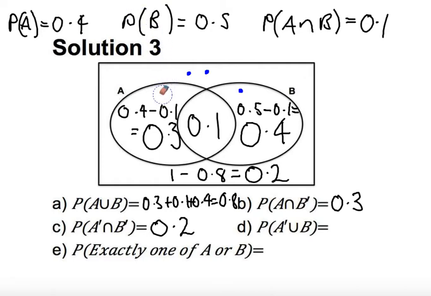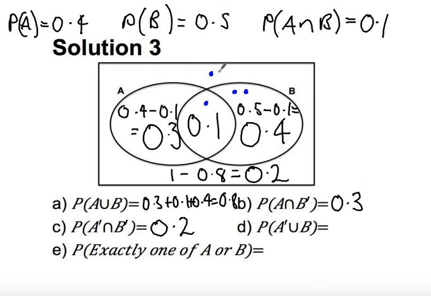Okay, so let's look at the next question. Next question says, let's find probability of A complement union B. Okay, so A complement is outside of A again. B, well, that's going to be the 2 sections inside B. And because it's a union, I'm interested in the 3 regions that I have identified.